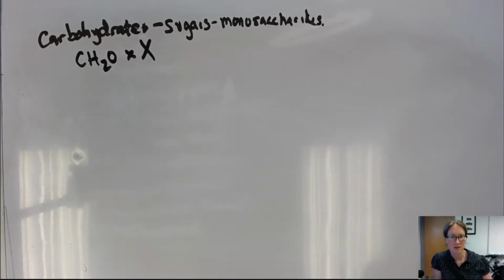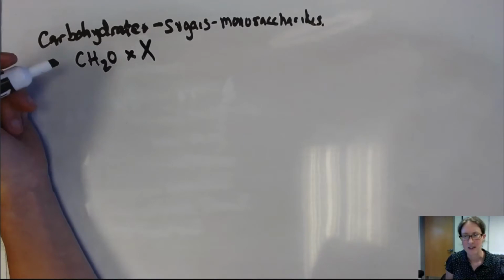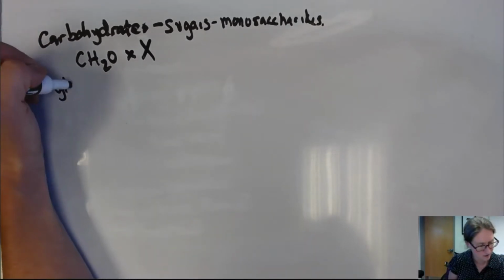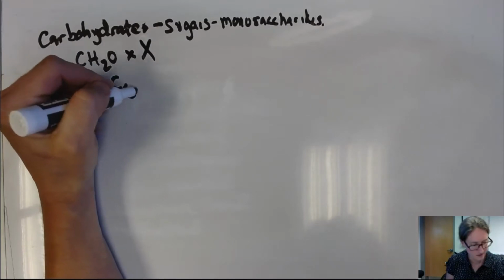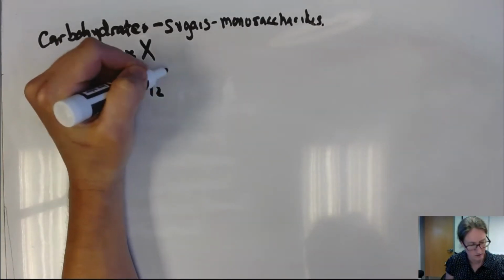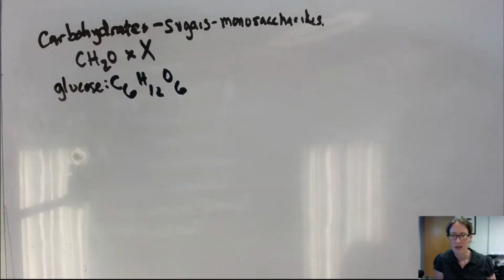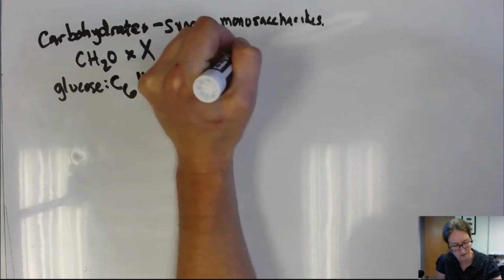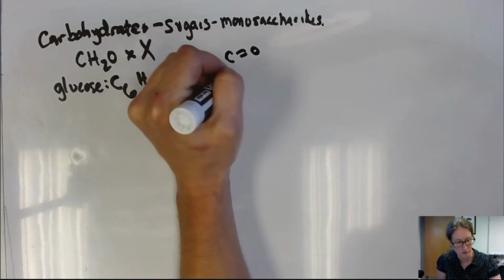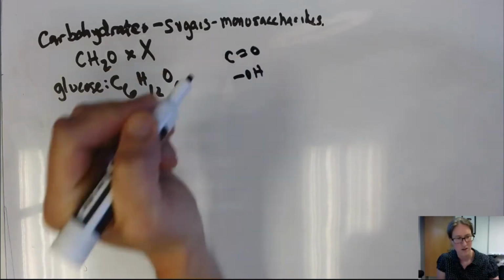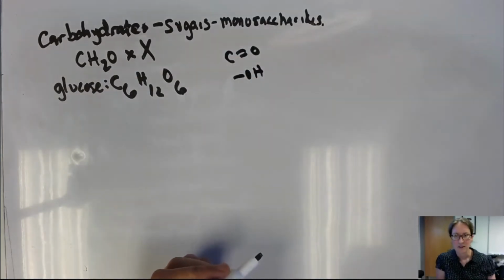So the most common monosaccharide, for example, is glucose. And that has a molecular formula of C6H12O6. Okay? The other trademarks of sugars are the presence of a carbonyl group, right? So the carbonyl group is a C double bonded to an O, and then a bunch of hydroxyl groups. So we're going to look for a lot of OHs or hydroxyl groups.